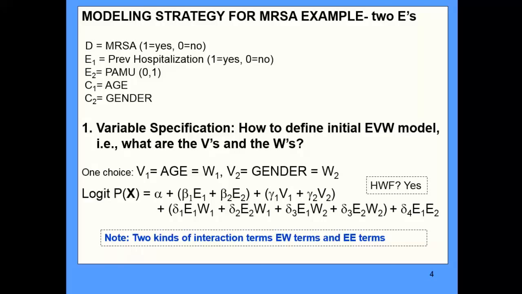It always could be that too, but then you're talking about another kind of E. If you're talking about products among E's, it's all possible pairs, so it's different. Anyhow, that's the model. All I've done is write out that these are the E's, these are the V's, these are the EW's, these are the EE's.